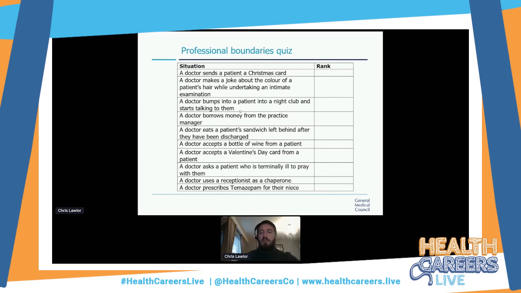What if a colleague is asking you, every other day, can I borrow £10, £20? Continuing to do that may suggest there are other issues there. So we want to think about the wider issues that might be at play, but it shouldn't cause you any issues just borrowing a one-off £5 from the practice manager. I'm sure we've all borrowed money from colleagues or friends before when we've been left short. If it's huge amounts of money, then again, it's going to start raising questions.